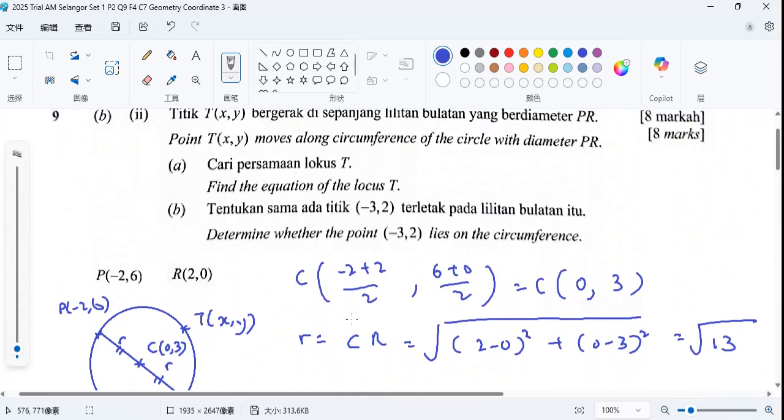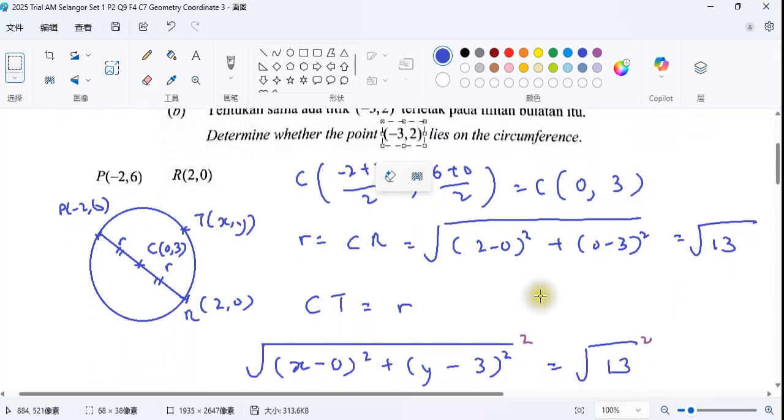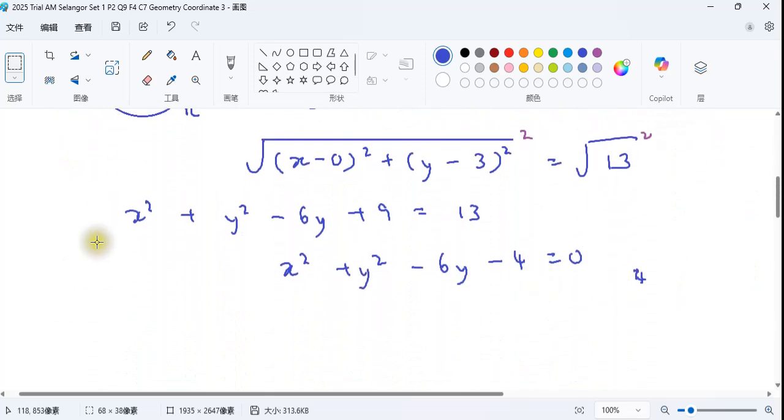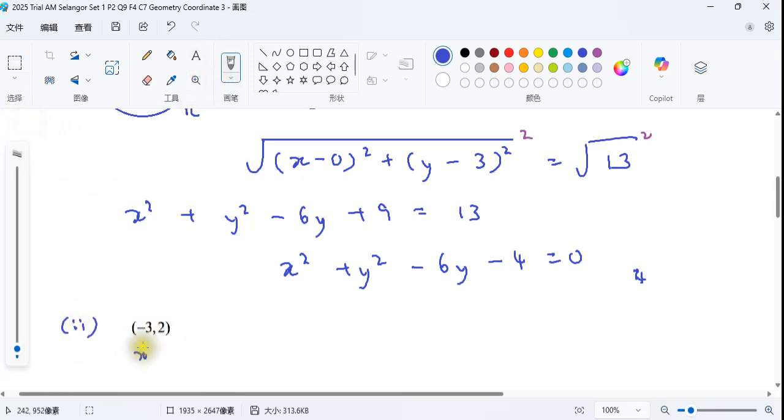Okay, so next, determine whether this point lies on the circumference. What we can do is substitute x equal to negative 3, y equal to 2. So the left hand side will be negative 3 squared plus 2 squared minus 6 times 2 minus 4.